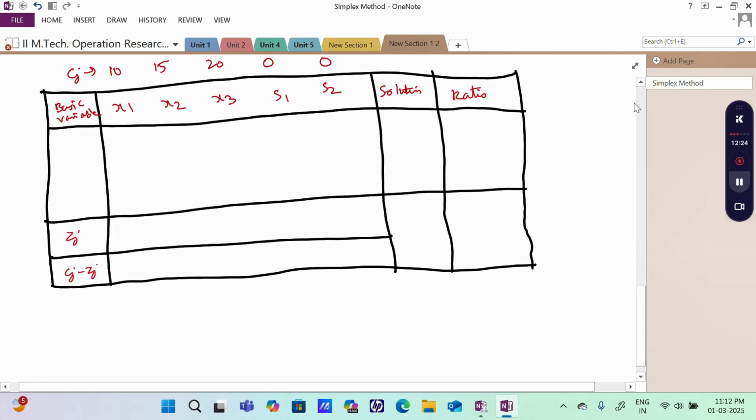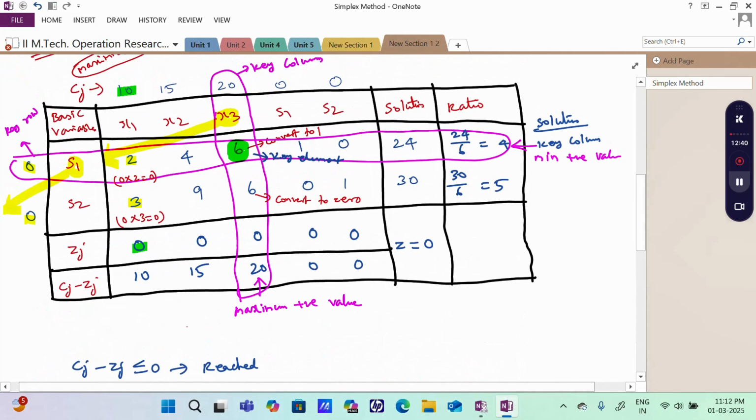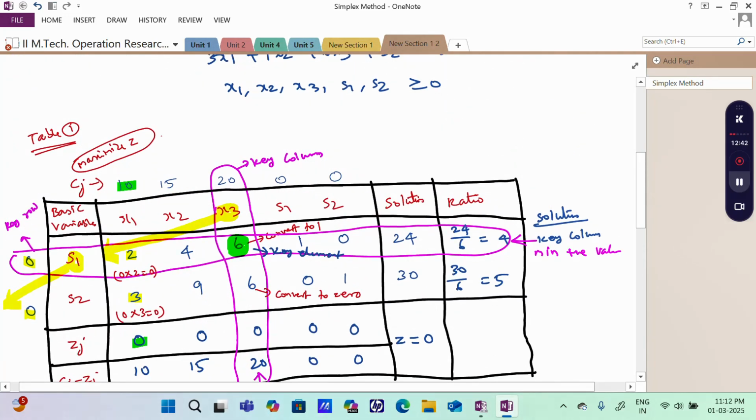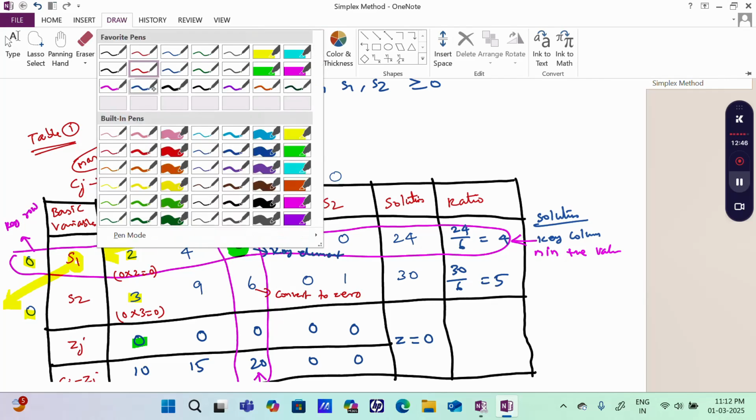Now what is the calculation? So the calculation for table 2. See, the first row, how to calculate? S1 is replaced, where?